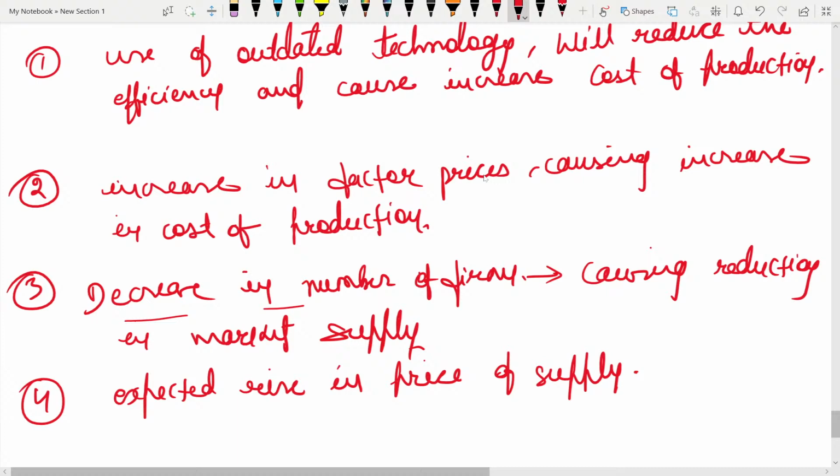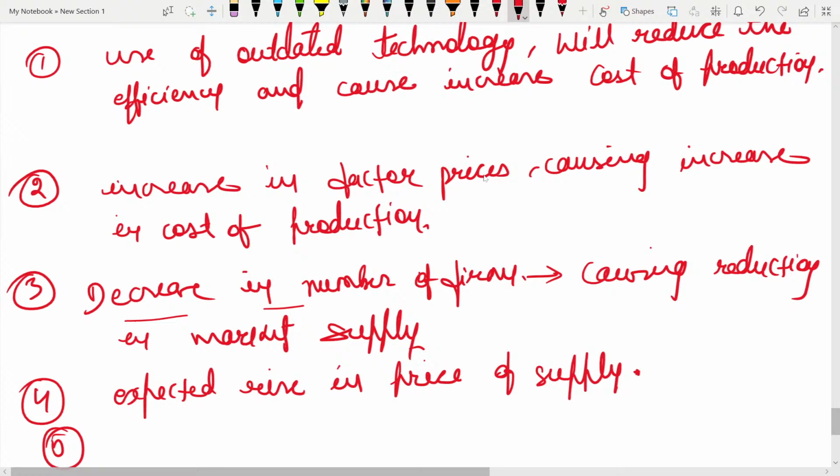Let's suppose that many of the producers have heard that in future the price of the product goes up. So they are making up their mind to produce more and supply more goods in the upcoming future. Therefore, due to this reason, they stop producing in present. So this decreases supply in present.